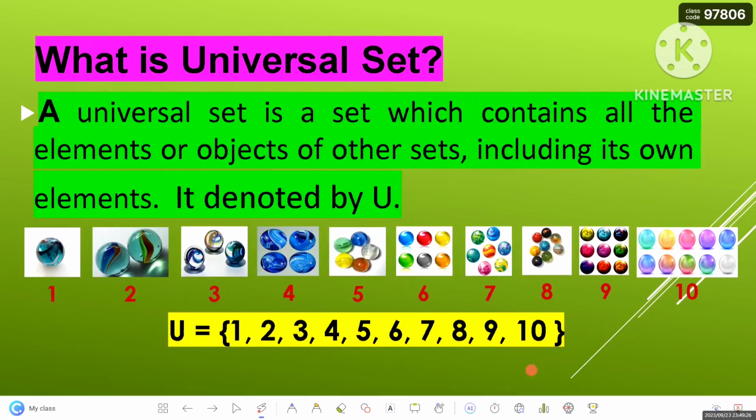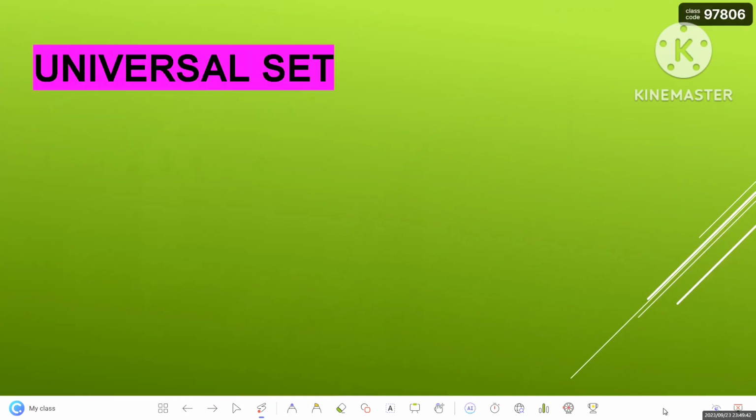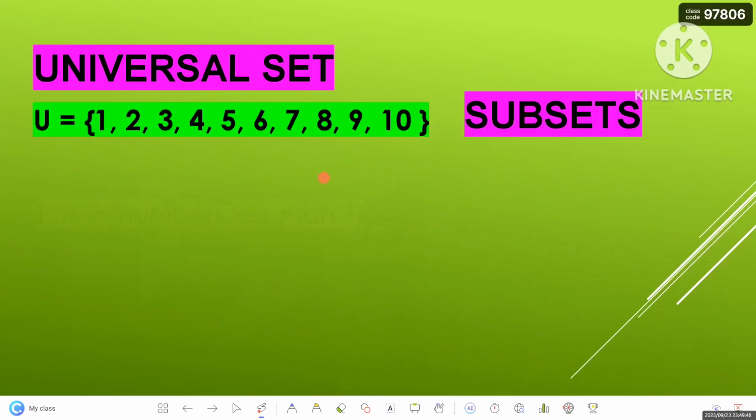In general, the universal set from these pictures, you just copy them all, 1 to 10. That is the universal set. Next, universal set. Again, these are 1 to 10.